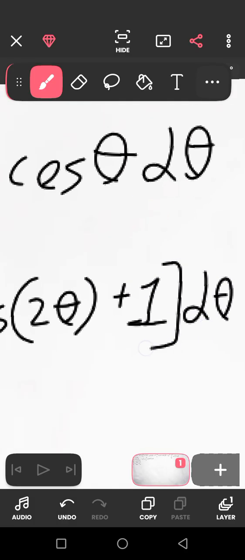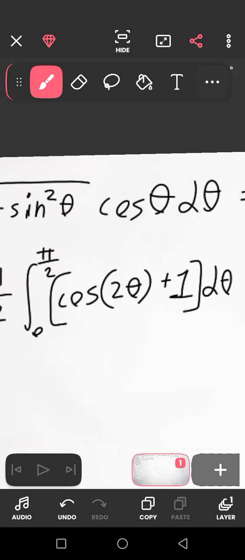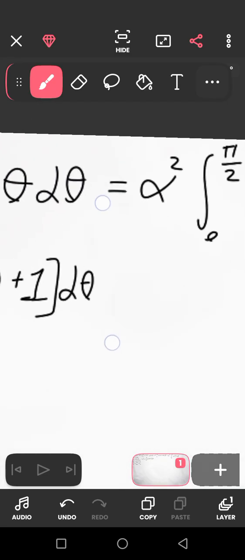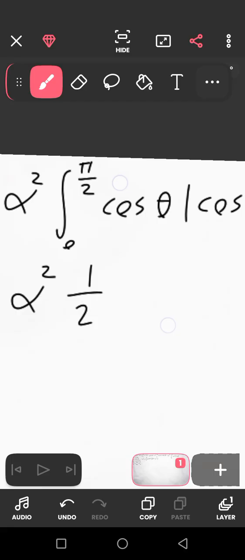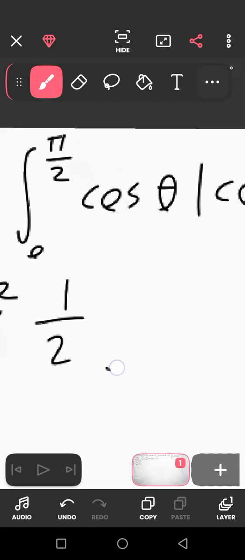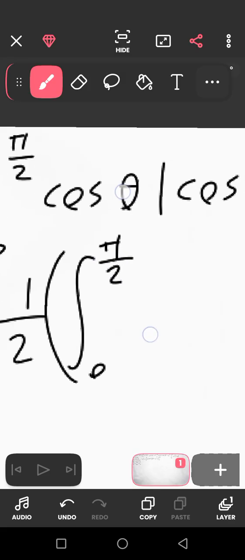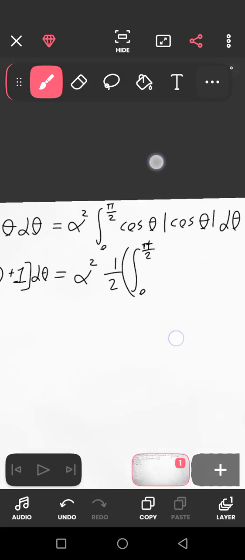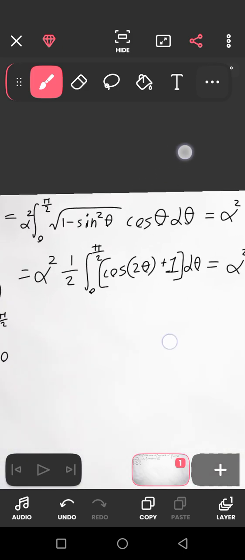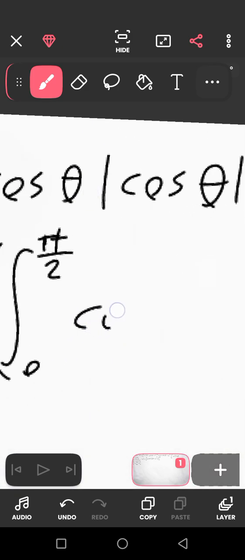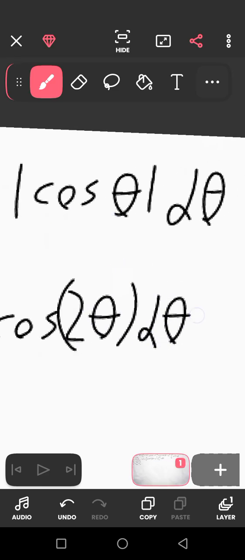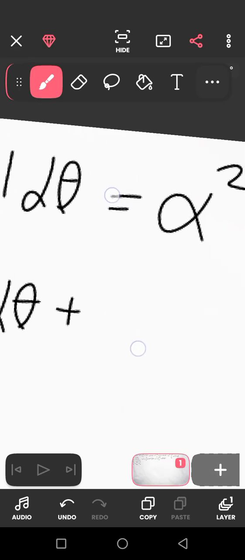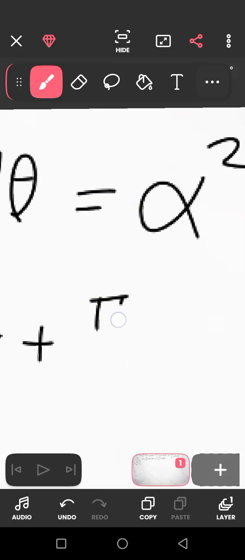Using square brackets, that's the integral from 0 to pi by 2 of cos 2 theta d theta plus the integral from 0 to pi by 2 of d theta, which is just pi over 2.